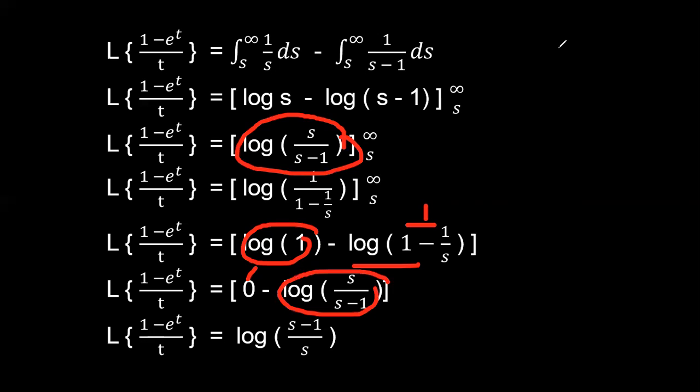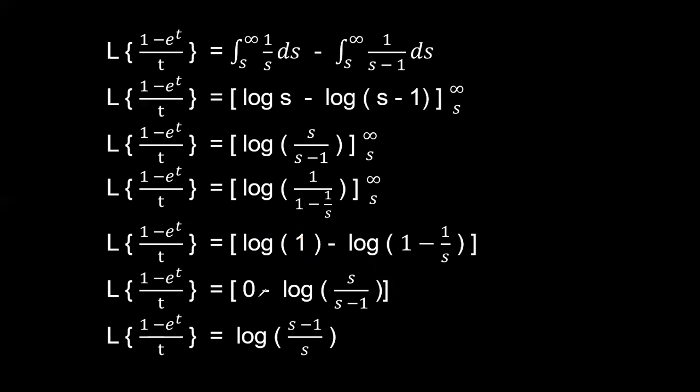After that, 0 minus log of s by s minus 1. So here it is log of 1 by 1 minus 1 by s. So this equation is the same as represented here.